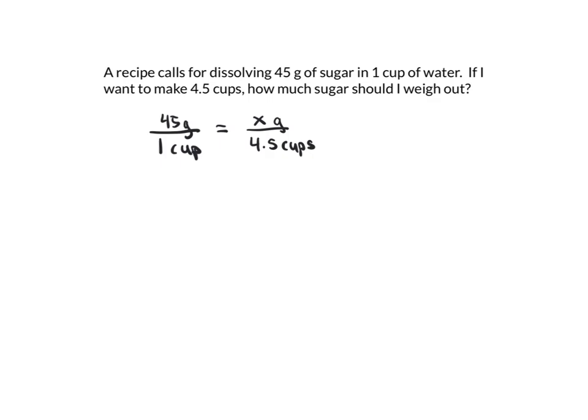And so again, I've set up this proportion and now I do some cross multiplication. So I have 45 grams times 4.5 cups equals x grams times 1 cup.